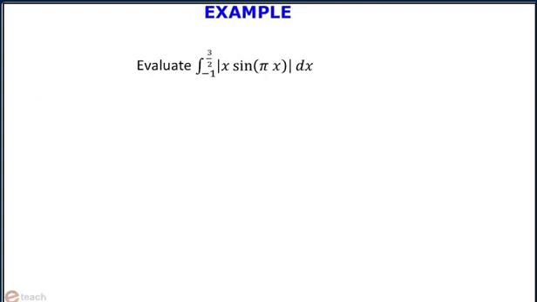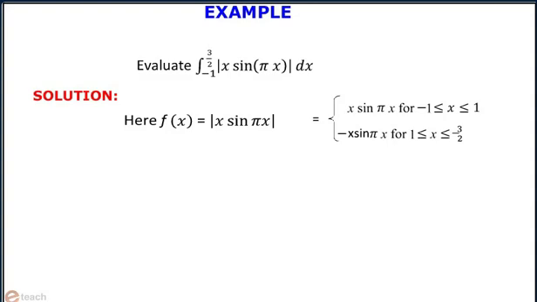Evaluate integration from minus 1 to 3 by 2 of mod of x sin pi x dx. Now here we see x sin pi x is positive in the interval minus 1 to 1 and is negative in the interval 1 to 3 by 2.